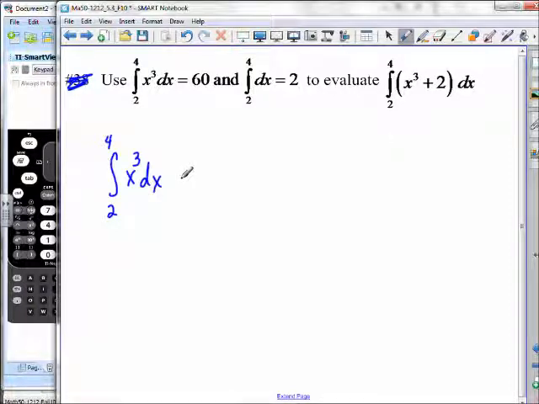So this is the integration from 2 to 4 of x cubed dx plus the integration from 2 to 4 of 2 dx. But now this is good. I've got my area under the curve of x cubed from 2 to 4 is 60. So this is the same thing as 60. But what about this?